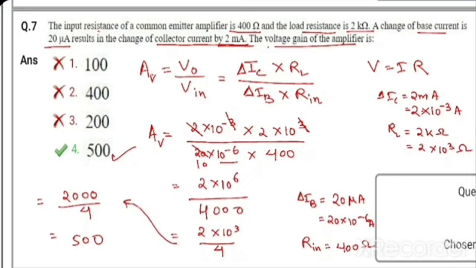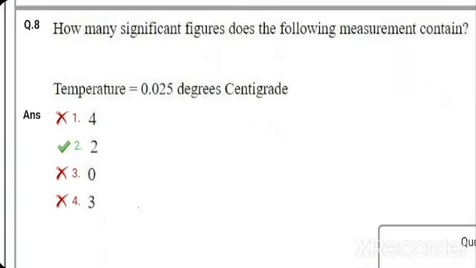Next, question number 8. How many significant figures does the following measurement contain? Temperature is equal to 0.025 degrees centigrade. There are some rules for significant figures. There is a rule that leading zeros are never significant.